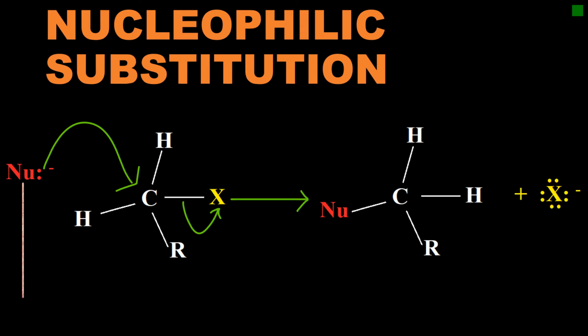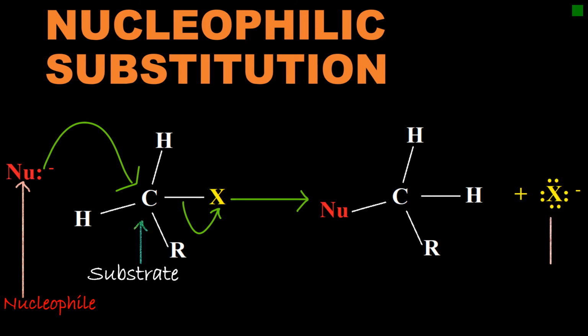This molecule, which is rich in electrons and donates electrons to the substrate, is called a nucleophile. While the substrate is the molecule which contains the halogen to be substituted by the nucleophile.